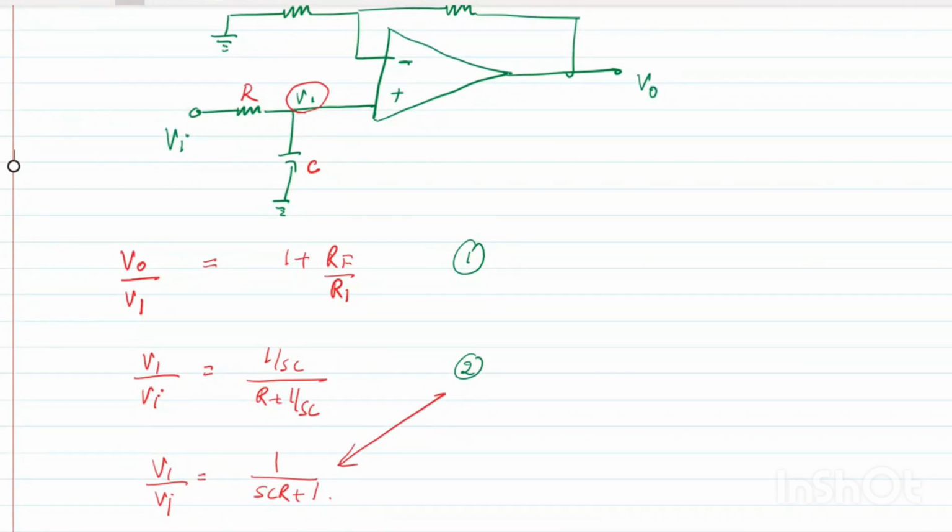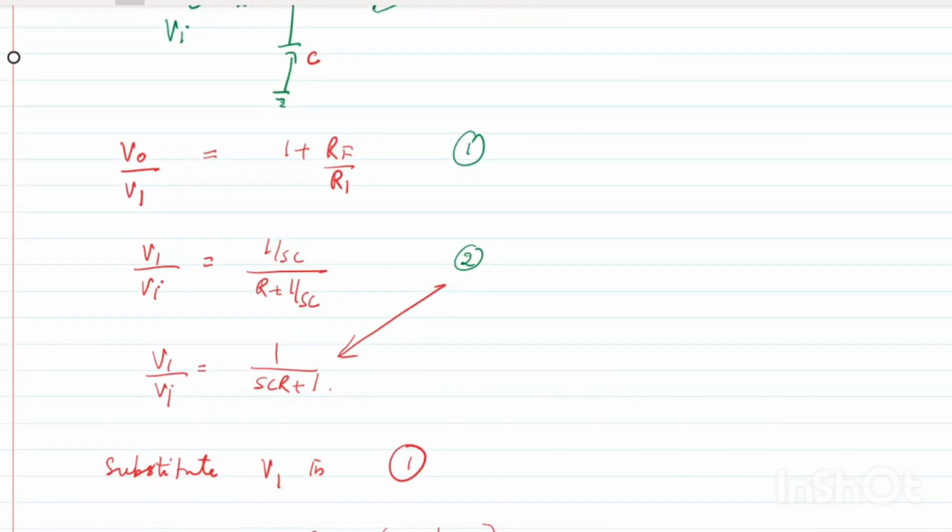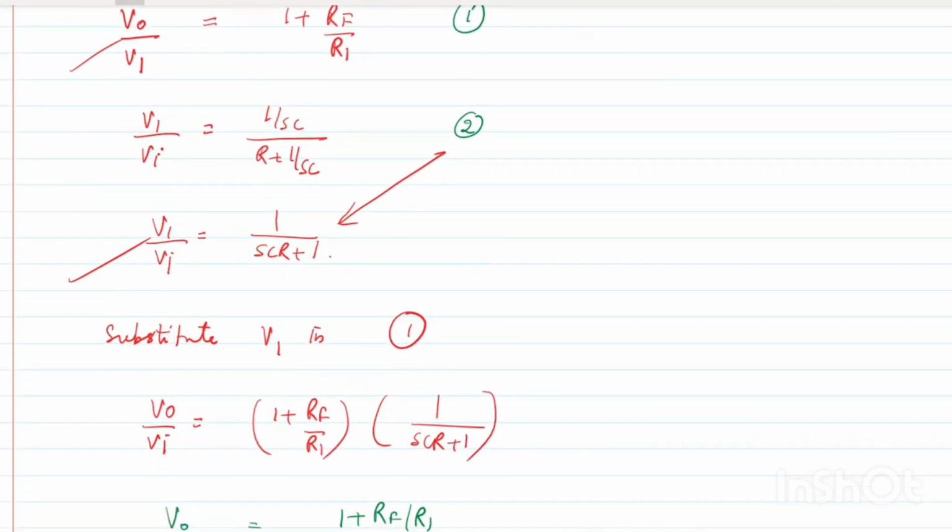V1 1 upon SC अपॉन आर प्लस वन बाई एस सी। इसको सिंप्लीफाई किया तो V1 by VI is 1 upon SCR plus 1. Then you multiply these two equations because we want VO by VI. तो V1 cancel हो जाएगा when we multiply. And in the right hand side you have 1 plus RF upon R1 into 1 upon SCR plus 1. So you can see here we are getting only one S component in the denominator.